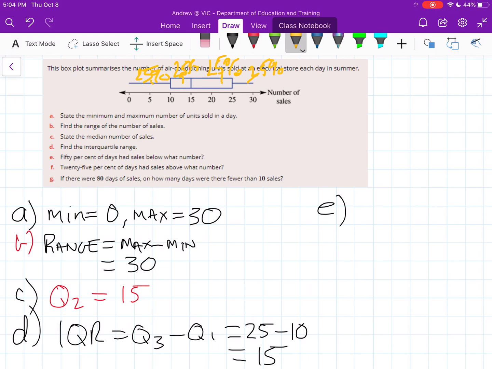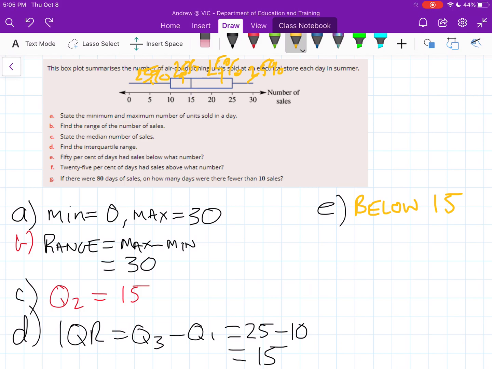This is how we answer these questions about percentages. As long as it's a multiple of 25, you can answer these questions. So 50% of the days had sales below what number? The bottom 50%, that's 25 plus 25, that's our Q2 value. So it was below 15, the bottom 50% of our data, as denoted by our Q2 line.